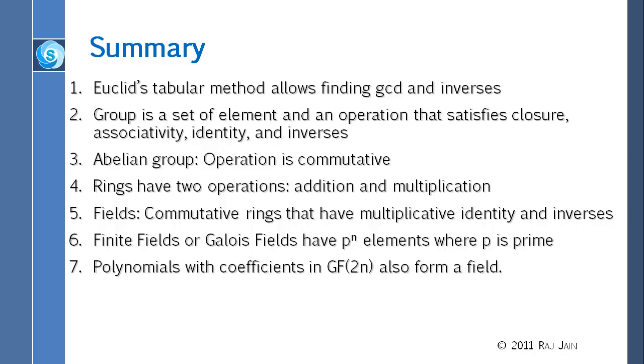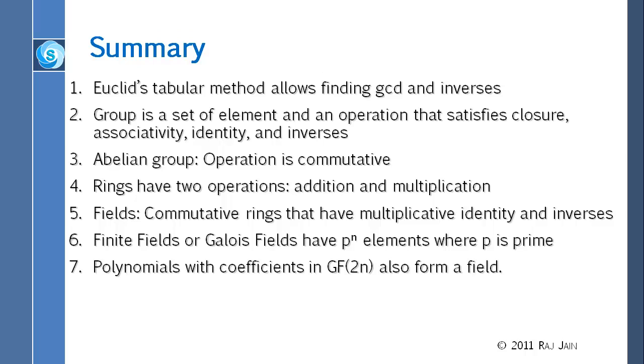We started first with numbers, and then we introduced polynomials. A group is an element and an operation that should satisfy the 4 properties. An abelian group satisfies commutation. Rings satisfy addition and multiplication. Fields have commutation, the multiplication identity and inverse.